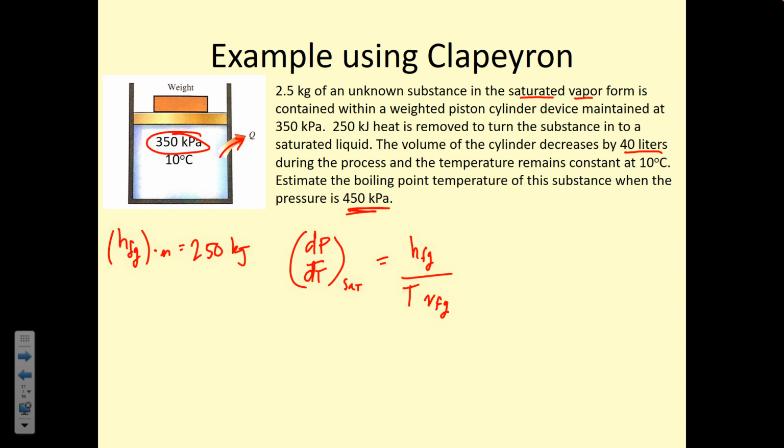What temperature we're doing? 10 degrees Celsius. I'm just going to go ahead and convert that to Kelvin, 283 Kelvin. That's our T. What else do we know?